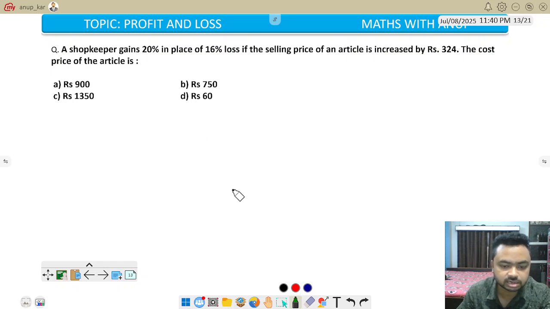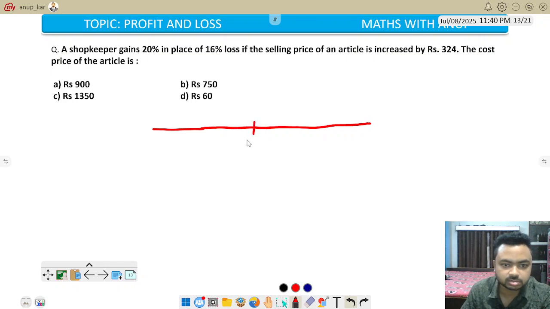So let's understand with the help of a number line. Suppose this is my cost price. The shopkeeper gains 20%, this is my 20% value, in place of a 16% loss.